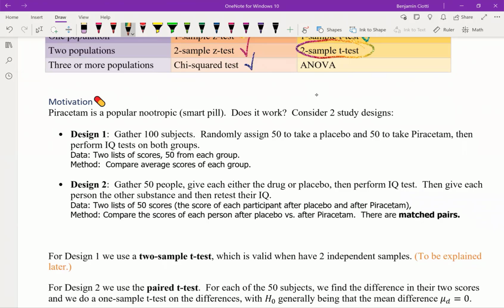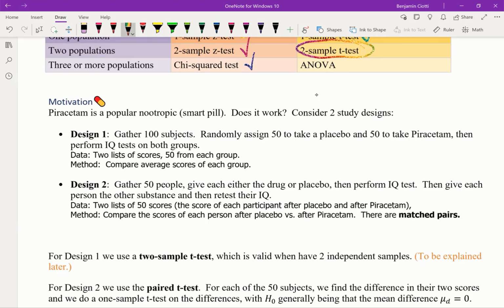On one of the lists, we could have the score of each participant after the placebo. And on the other list, we could have the score of each participant after piracetam. In this case, we have more information.